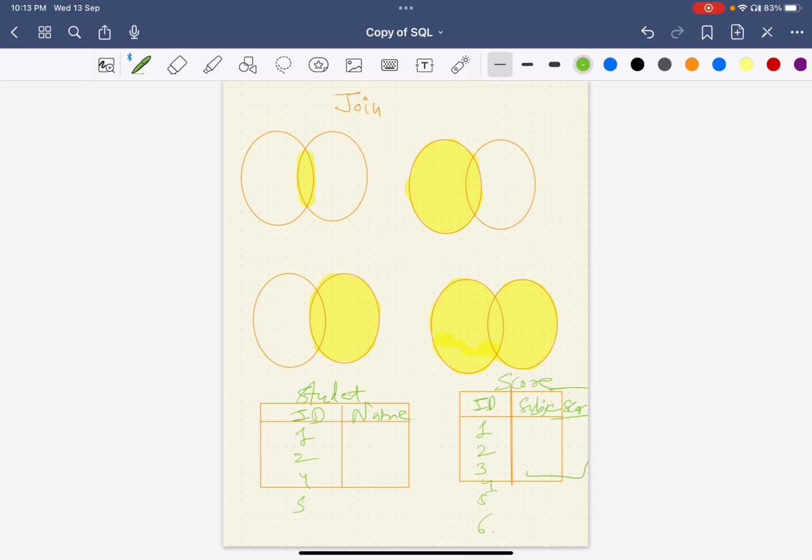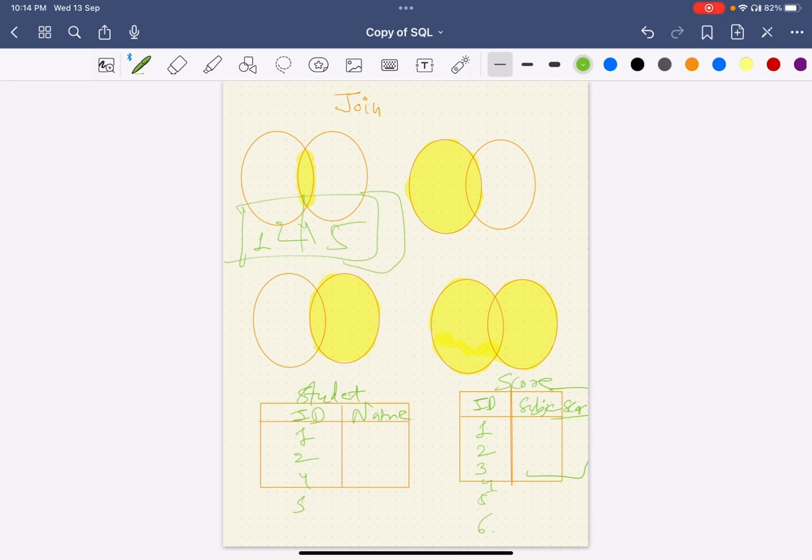Now what the inner join will basically do is a magic, which takes from these two tables only the common elements. So it will return a table, and within the table we have 1, 2, and then 4 5, only these entries, and for these entries we have the respective scores and nothing else.